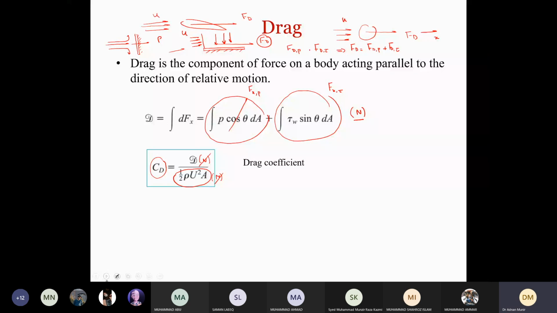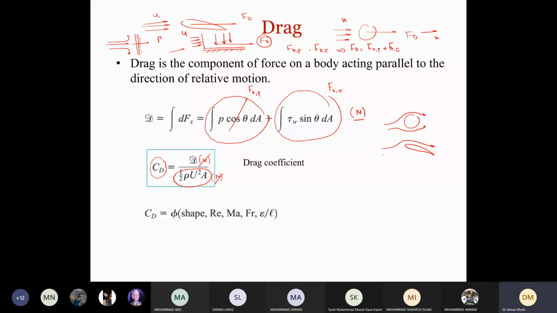Now we know that CD is a function of many parameters. So, for example, if we have a circular cylinder, the value of CD will be different. In case we have an aerofoil, the value of CD will be different.